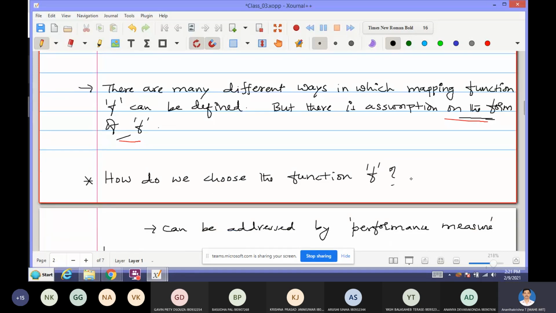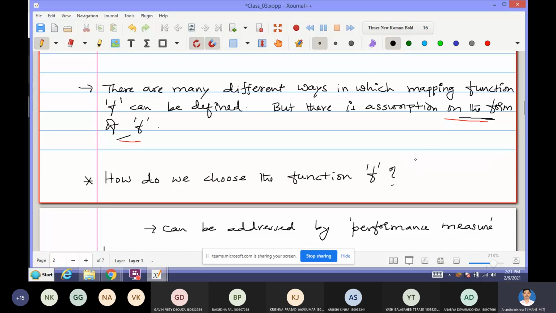And suppose you have chosen one particular form for f of x, say linear regression. Then how do you find the corresponding coefficients?